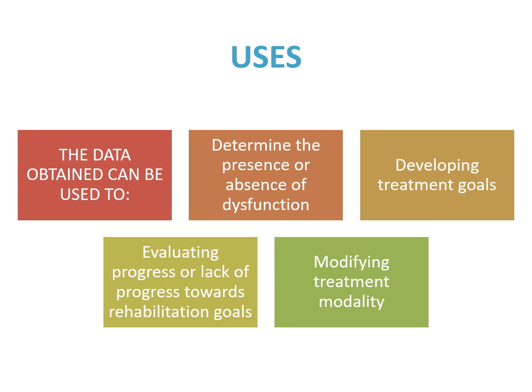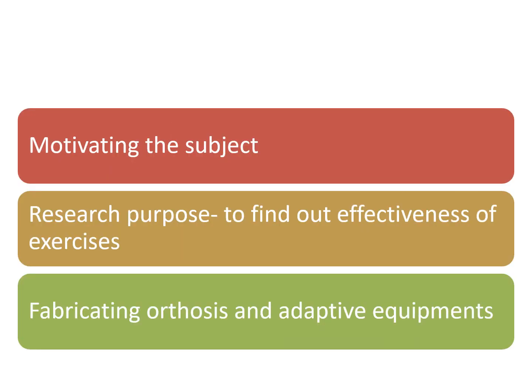If you are thinking that this is not working much on this patient, you would like to change the treatment, you can modify the treatment, you can add on certain exercises or certain modalities. So this range of motion data will help you in a lot of things: in finding out the dysfunction, in developing your treatment goals, in determining the prognosis and modifying the treatment.